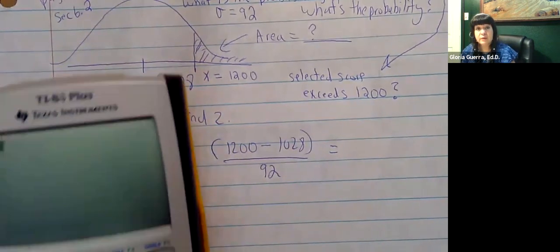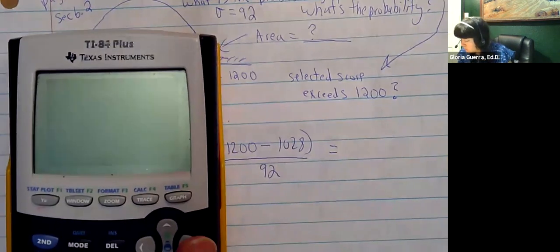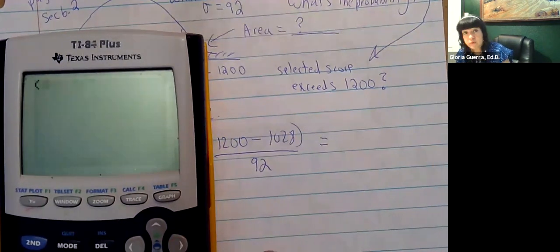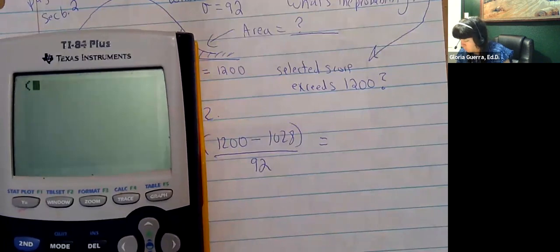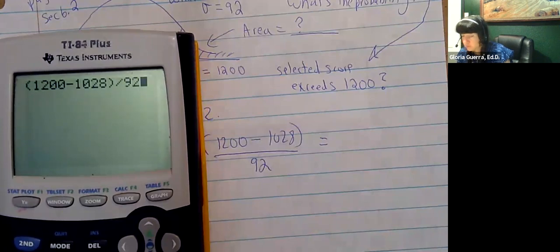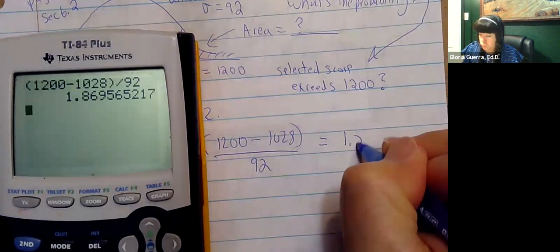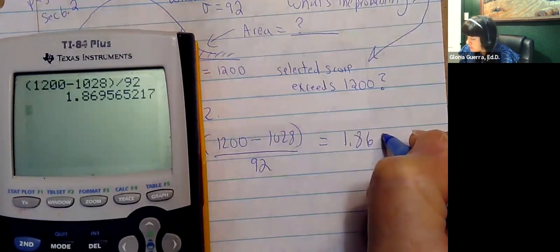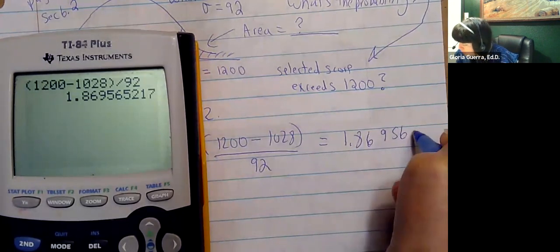Okay, so I type that in. 1200 take away 1028, close parenthesis, divided by 92. So don't forget your parentheses. 1.86956, and a whole bunch of other digits.